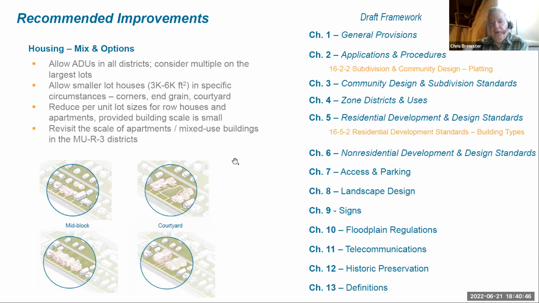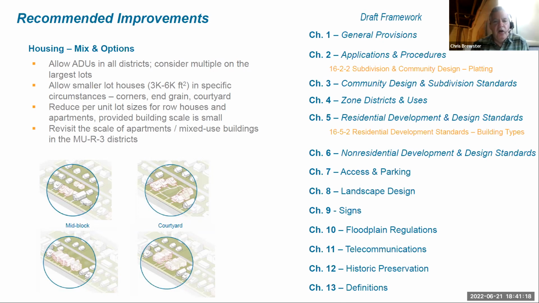And then the other area where we'll address the housing is through the subdivision and community design standards, and the platting process and the procedure. So I mentioned earlier that you guys don't use the platting and community design to lay out large new subdivisions because you're largely built out, but you have different issues from procedures of what's the easiest way to plat a new project, or potentially combine a couple lots into a project, or split a lot into one or two projects.